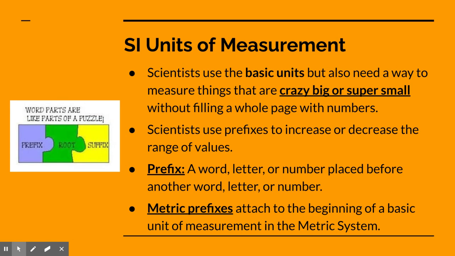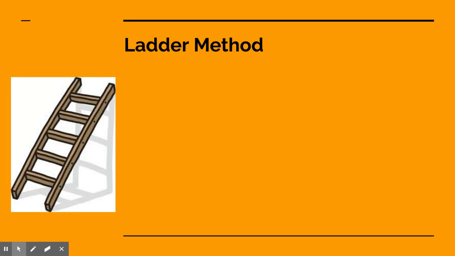Remember, from just the last slide, our basic units are grams, liters, and meters. Those are our root basic units, and we're going to put prefixes in front of them to tell the reader the range of values this is set in. That gets into the ladder method.